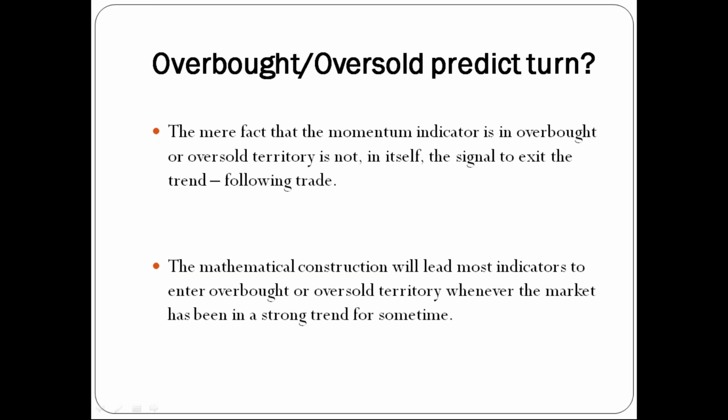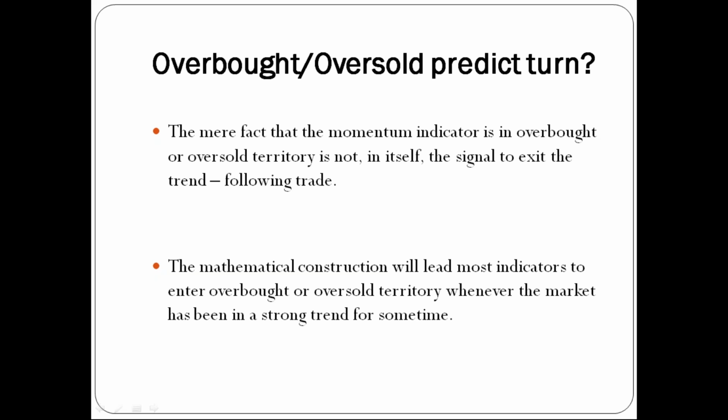The mathematical construction of the indicator is such that in strong trends, the indicator remains in the extended zones for some time. The indicators are mathematically constructed, and their formula makes them stay in the overbought zone even when the trend is trending higher.